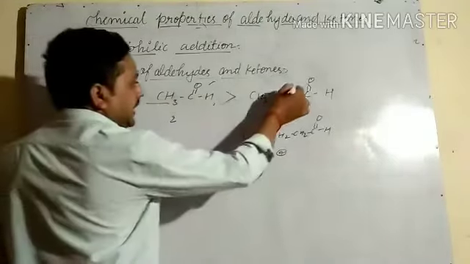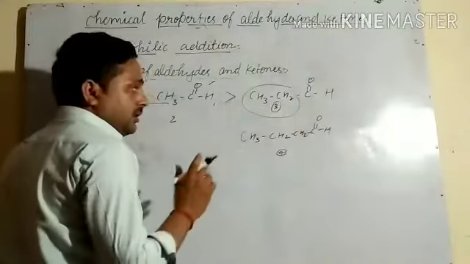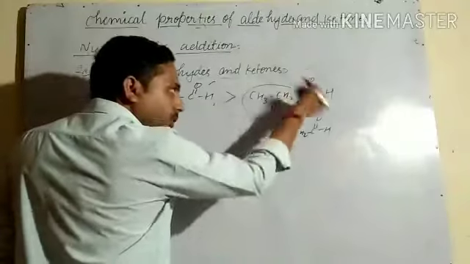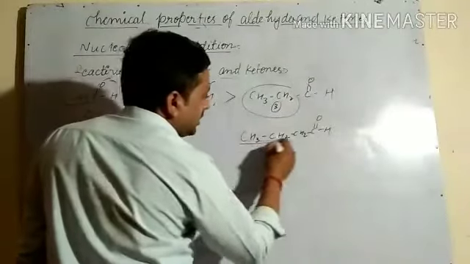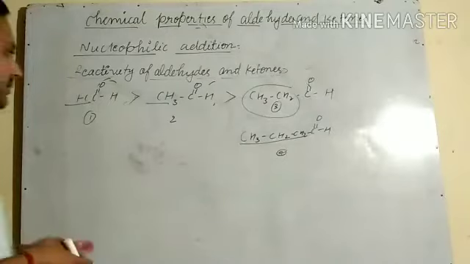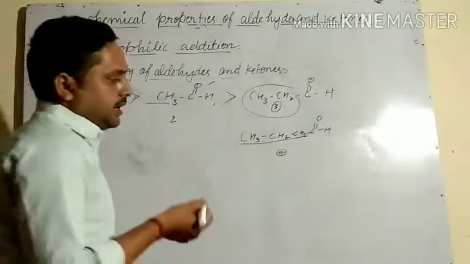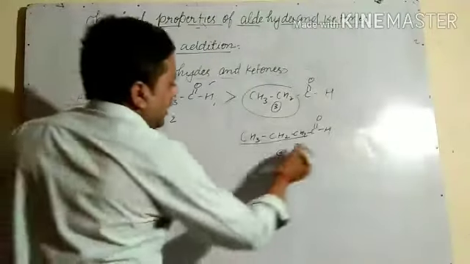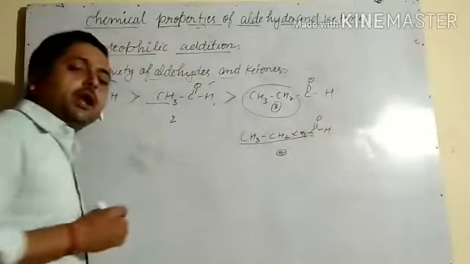In that one there is an ethyl group, and the ethyl group is stronger than the methyl, so it will produce a little more effect. And where a propyl group is there, it will produce more effect, so that will decrease the electrophilic nature of the carbonyl carbon.